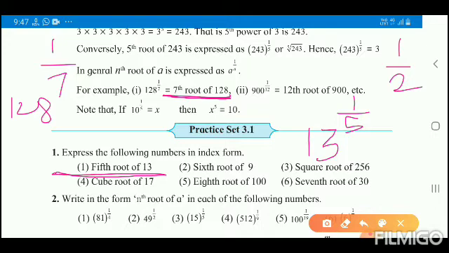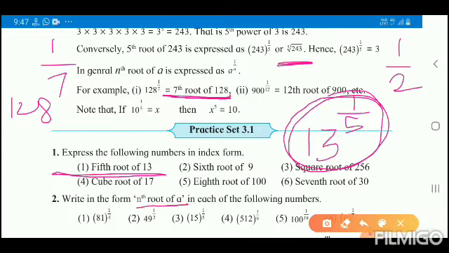If they say write this in radical sign, then here you can use the sign also like this. But here we have to express the following numbers in index form. So you have to write the index form of these numbers this way. Okay. Now next, the nth root of a. Here we have to express in words.